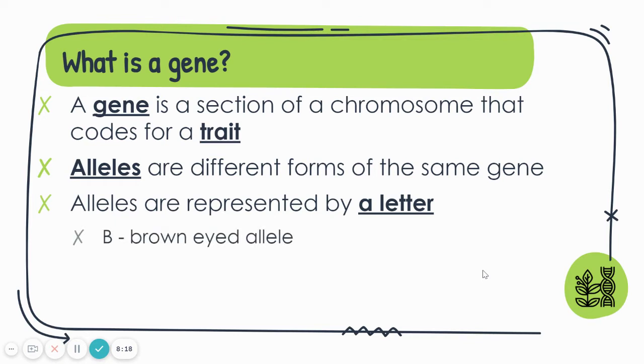For example, the trait may be eye color. The alleles are going to be different forms of that gene, right? So B, the capital B, could represent the brown-eyed allele. A little b could represent the blue-eyed allele, right? So different alleles represented by a letter. The overall trait for this example would be eye color.